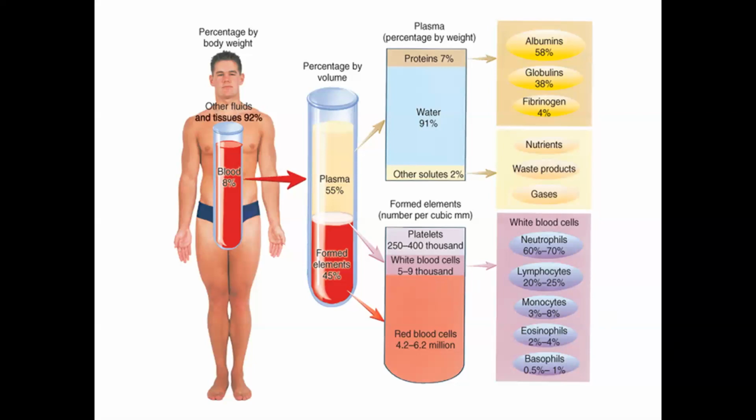On the other side, if the majority were neutrophils, then that might point to infection, like bacterial infection and so forth. This is called differential count.